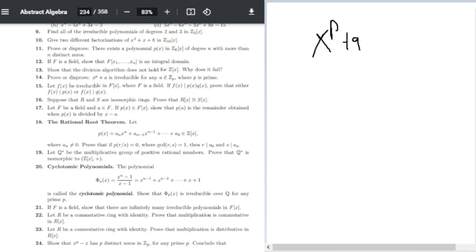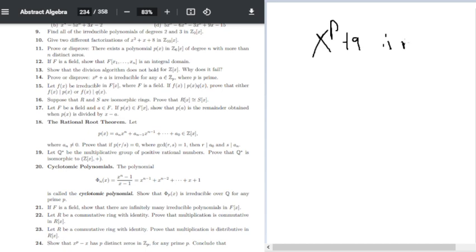I'm assuming they don't want us to assume a is 0, because if a is 0, then it is reducible if I remember correctly. Not reducible in a nice way, but reducible. Actually, I forget if reducibility is defined with the 0 term. So okay, suppose x^p plus a is reducible.